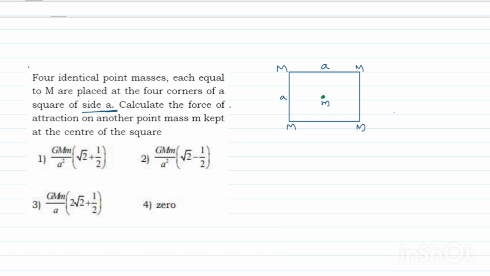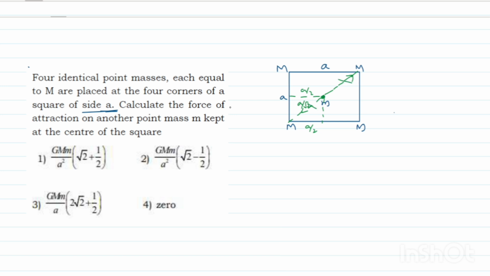Now this mass will be attracted by this mass along this direction, with a separation distance of A by root 2, because this is A by 2 and this is A by 2, so the hypotenuse will be A by root 2. Then this mass will be attracted by this one along this direction, and the magnitude of separation and the force of attraction will be the same.